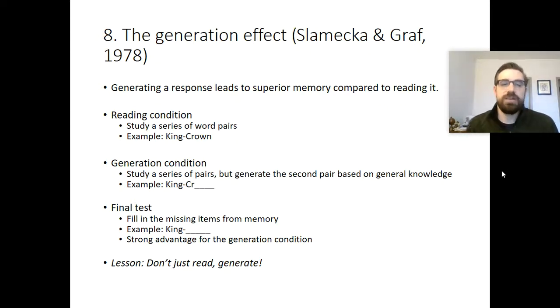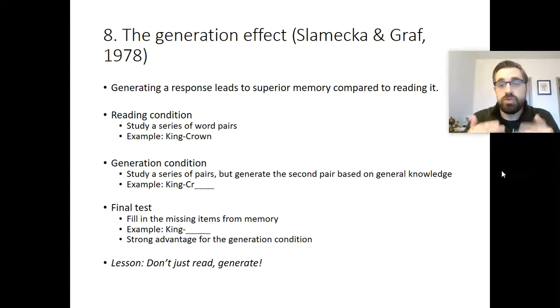So the first effect to talk about is something called the generation effect. The basic finding here from the 70s is that if you generate a response, you get better memory compared to reading it. It might seem like if a teacher provides you all of the information, that's going to be better than making you generate it yourself, because if you generate it yourself, you might make a mistake, right?